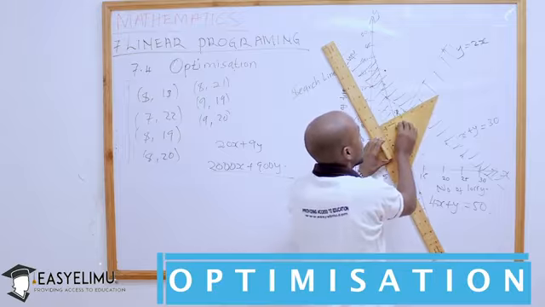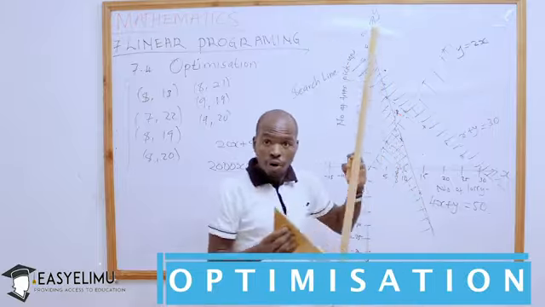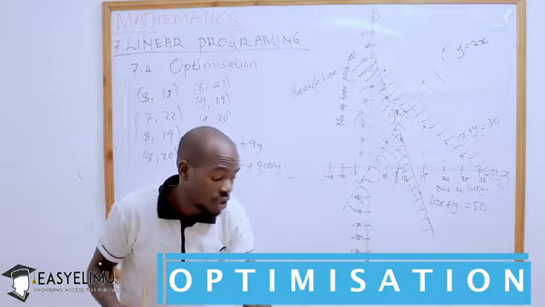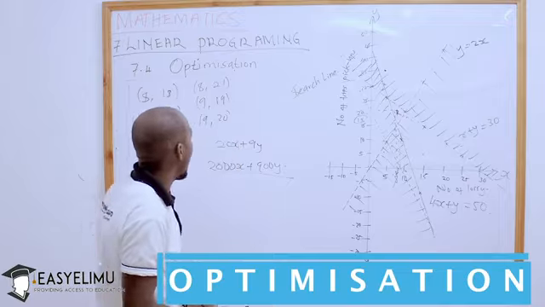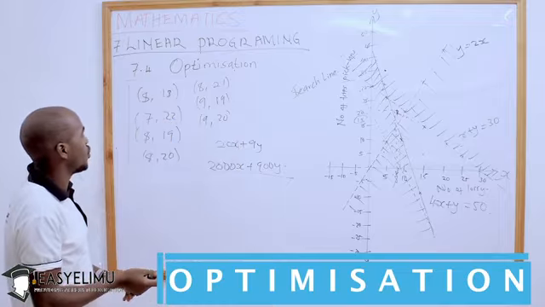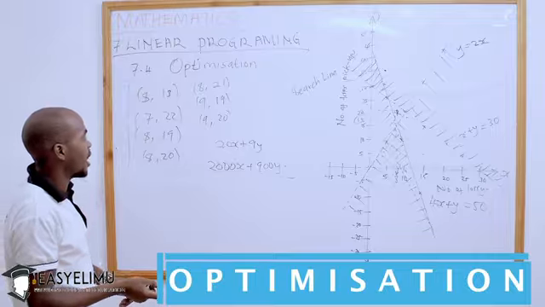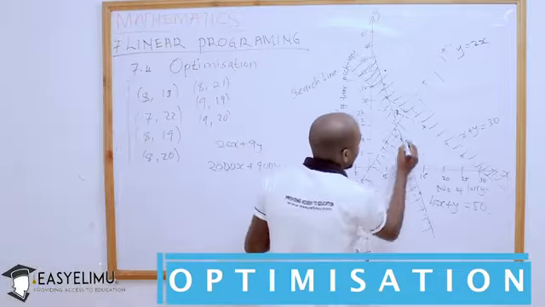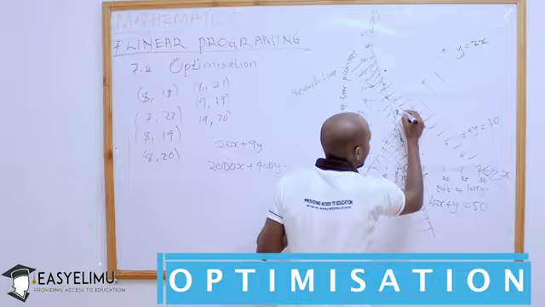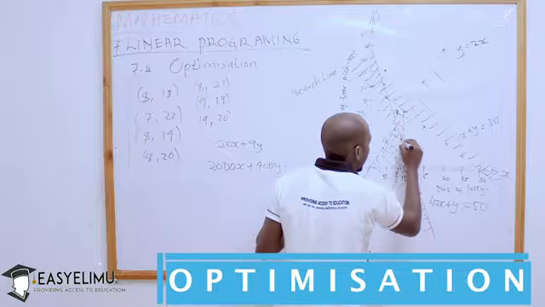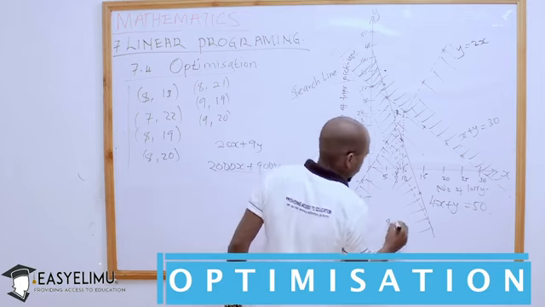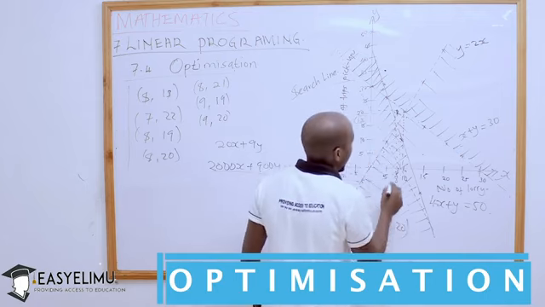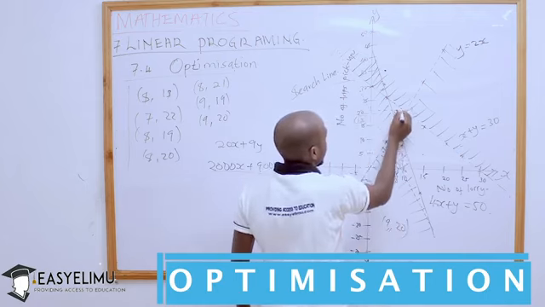And if you identify the coordinates of that point, you will find it is giving you the maximum amount you can ever have. That point will give you 9 and 20.